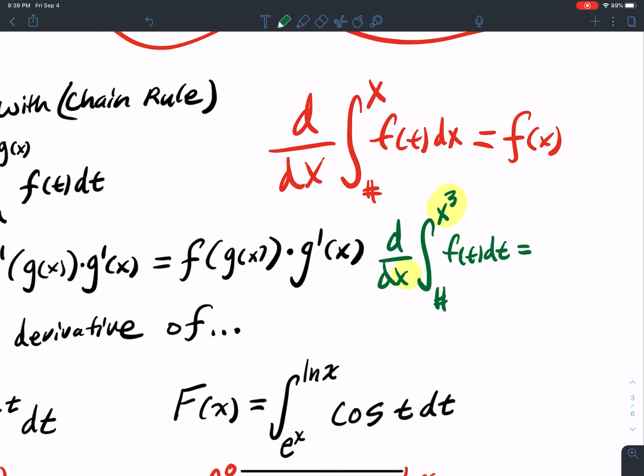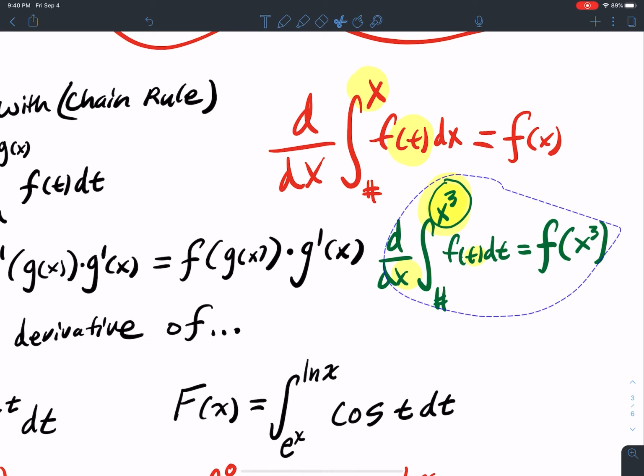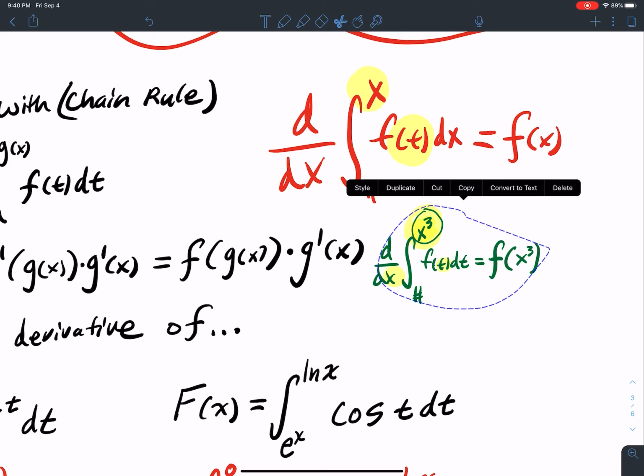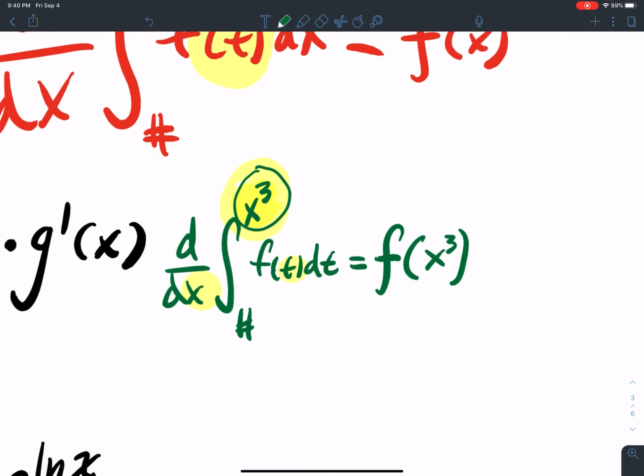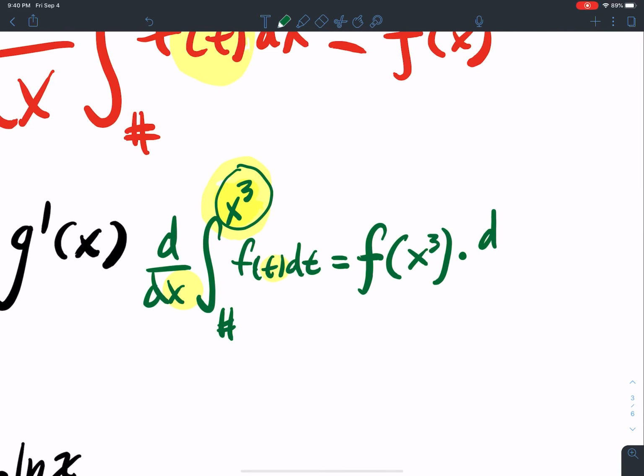And so first off, I replaced every t with an x cubed, just like I replaced every t with an x in this problem. So I plug in x cubed here for my function, but then the chain rule says I need to multiply this by the derivative of x cubed, because it's the chain rule going on in here.